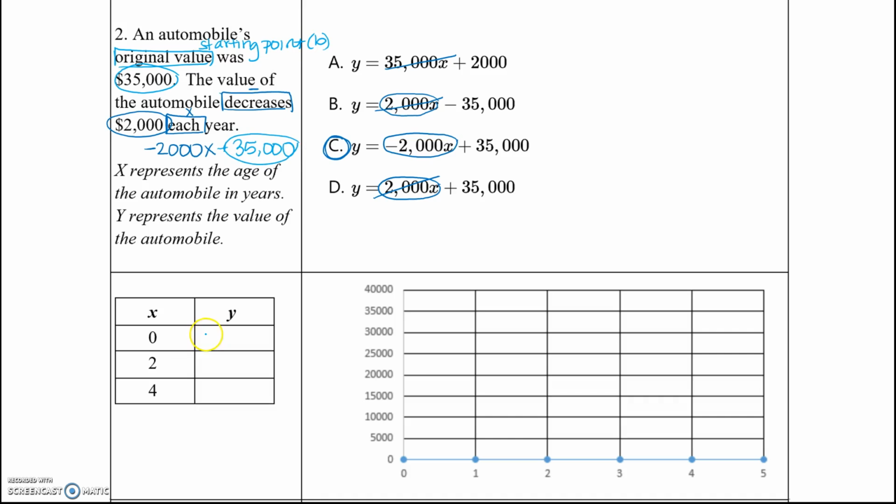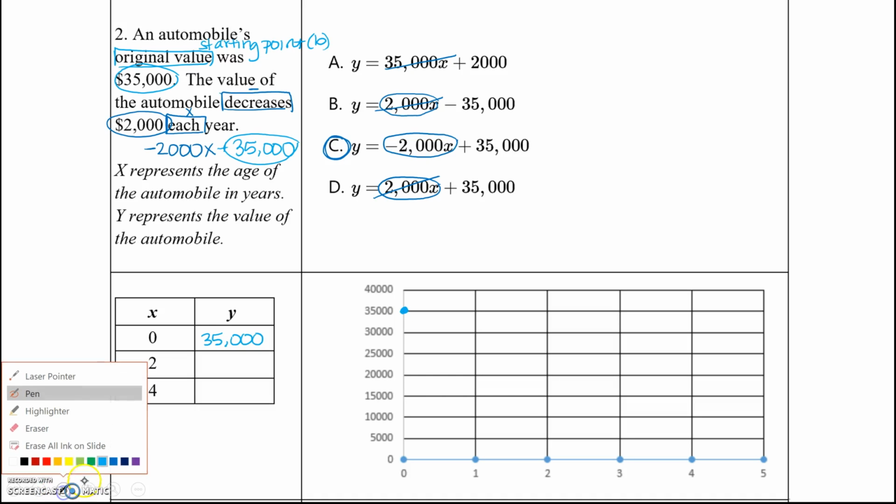So I can go ahead and plug that in here and graph it. And now you're going to finish by substituting into your equation. So you're going to take your 2 and plug it in for x, and then do the same thing with the 4 and graph it. And they're so similar that I know you can do it.